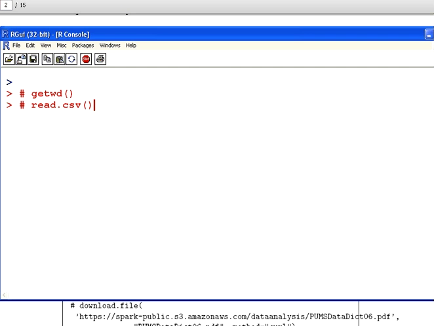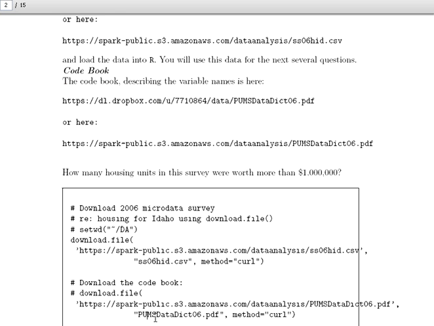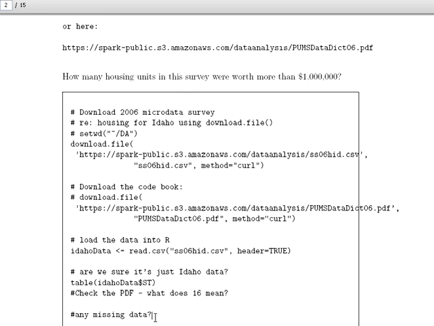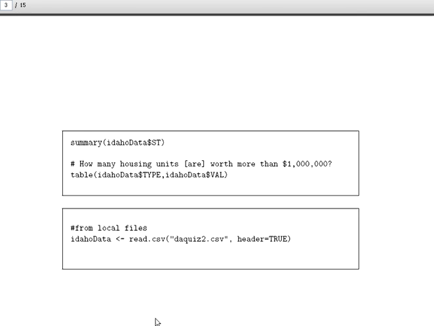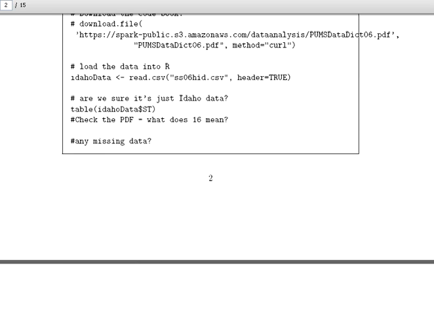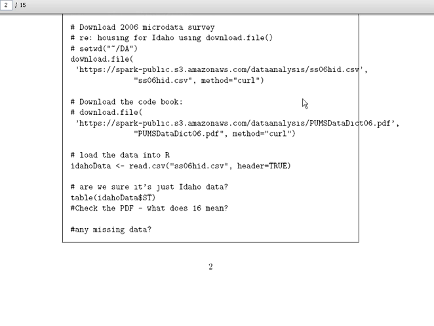That's all I'm going to say on it because I want to move on past that. download.file is also quite useful there, but you can just download the data yourself.